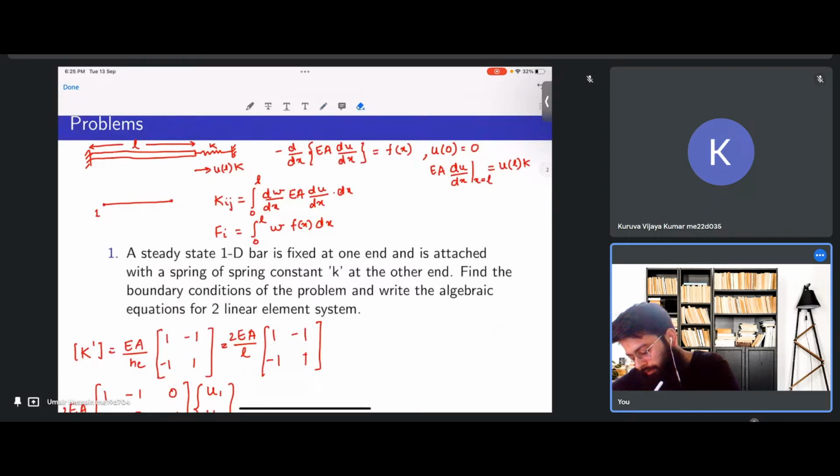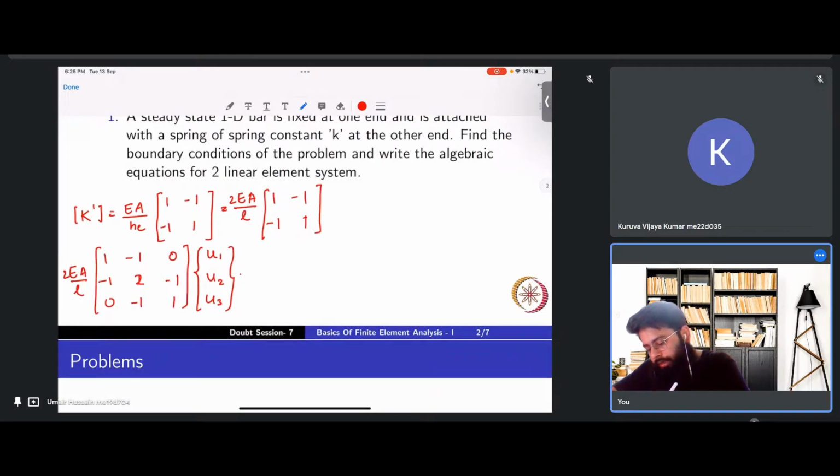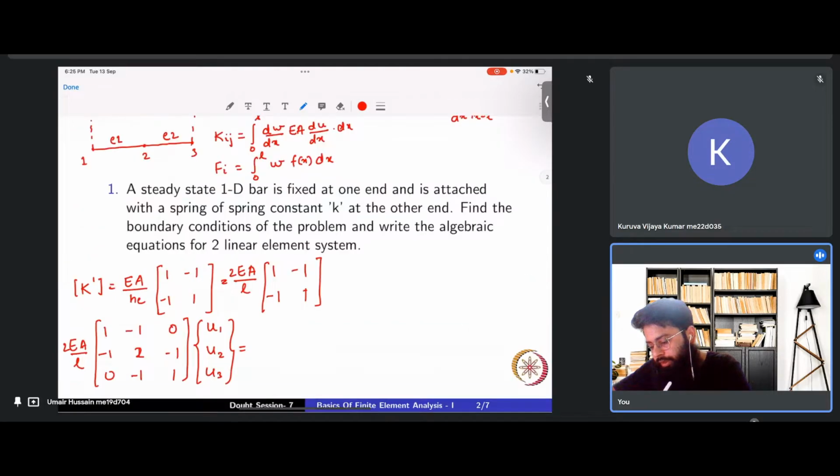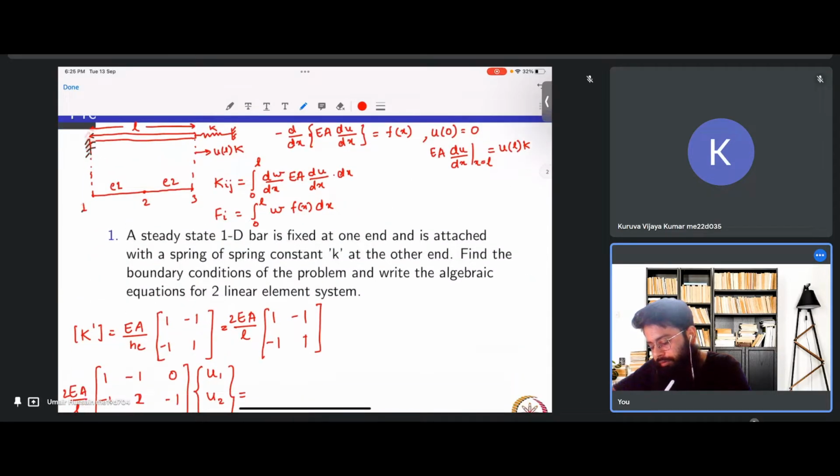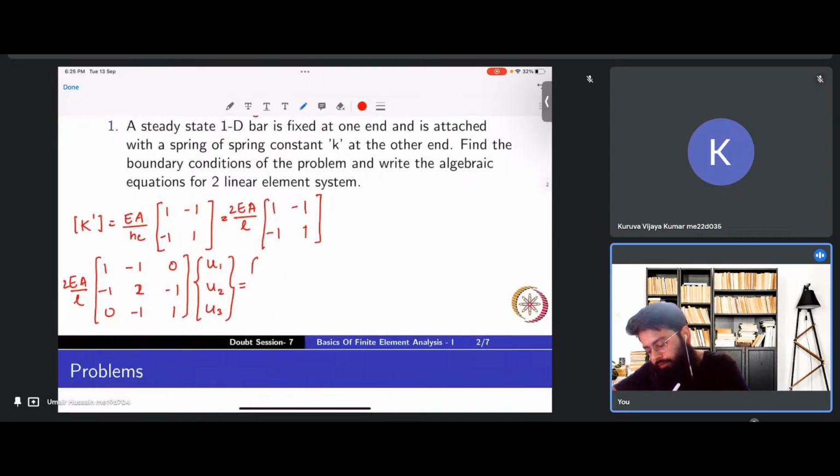So our bar here is this. This is node 1, node 2, node 3, element 1, element 2. And so F would be 0. We don't have any body force, so F would be 0.